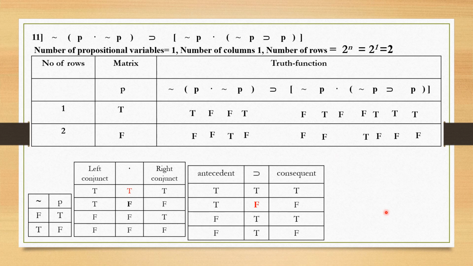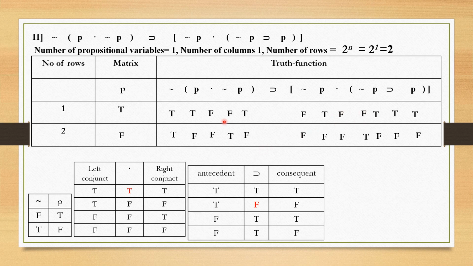Anything. So we'll solve. Dot is false when any one side is false. Now you can solve the negation of the bracket. Both are false, then it will be true. This is false, then the negation will be true. This is false, then its negation will be true.